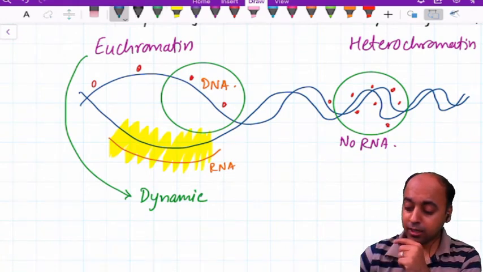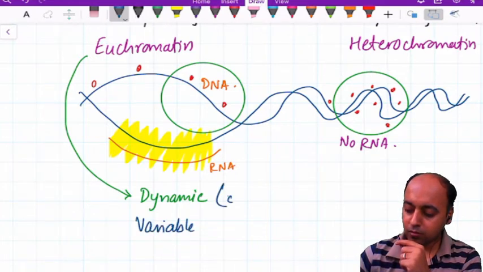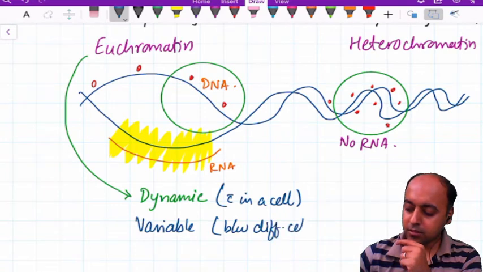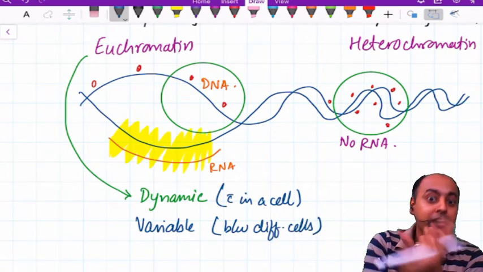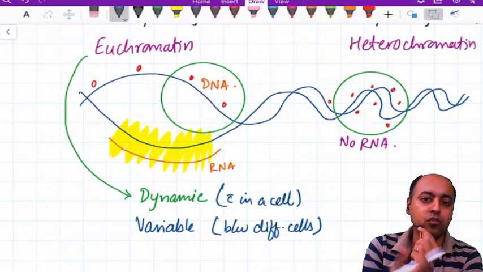In addition to being dynamic, it is variable. Variable means in some cells a particular gene is getting transcribed. In the liver, the albumin is formed. The brain does not form albumin. The neuron cells will not form the albumin.